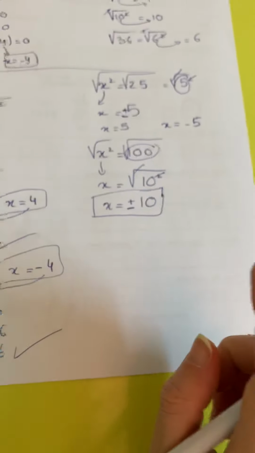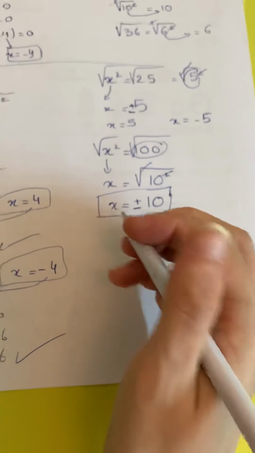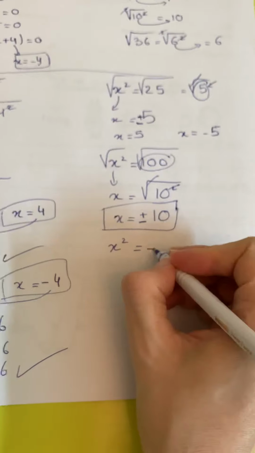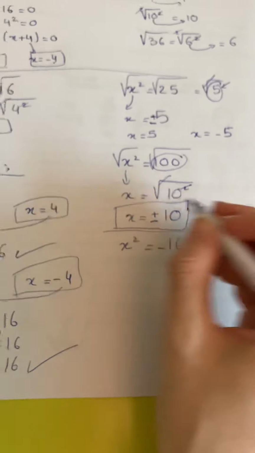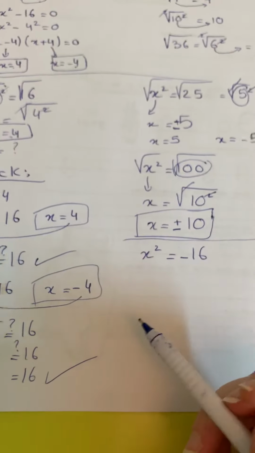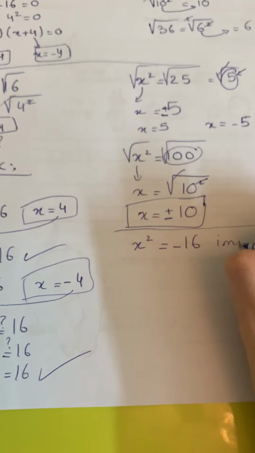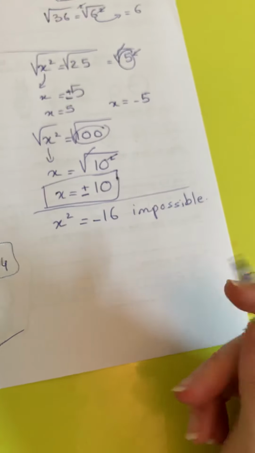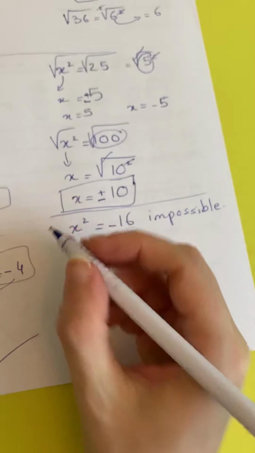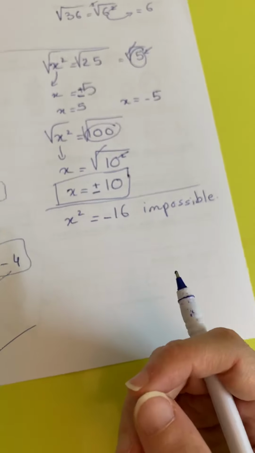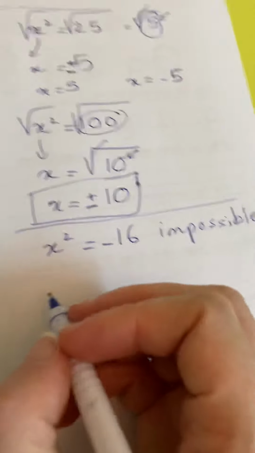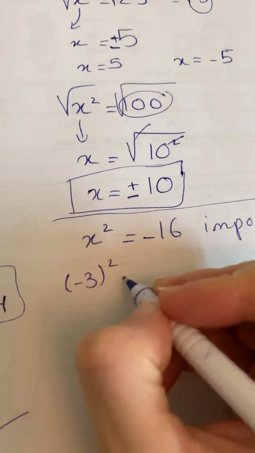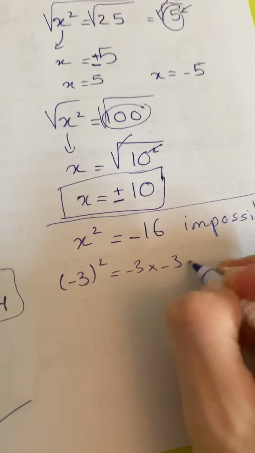One more thing about this example. This is example 1, by the way. What if I have x power 2 equal, for example, negative 16? Not positive, negative. Now this one is impossible. Why? Because anything to the power of 2 is positive. For example, negative 3 to the power of 2 is negative 3 times negative 3.